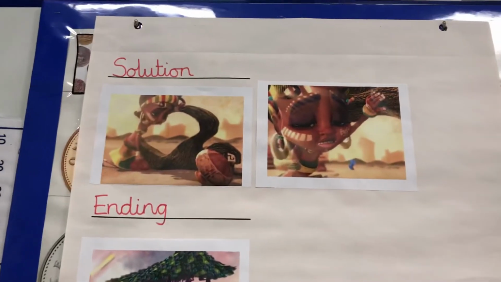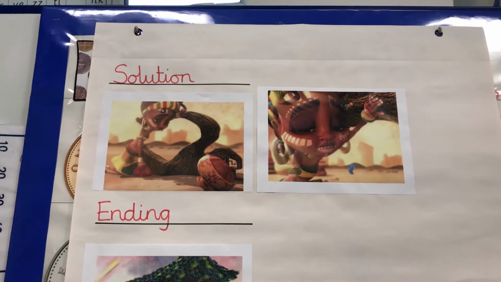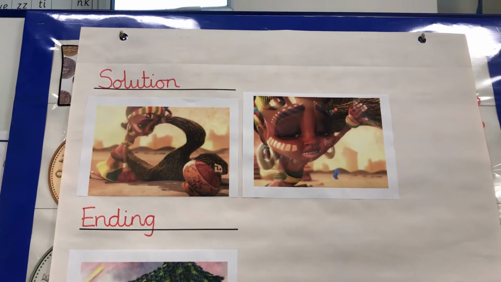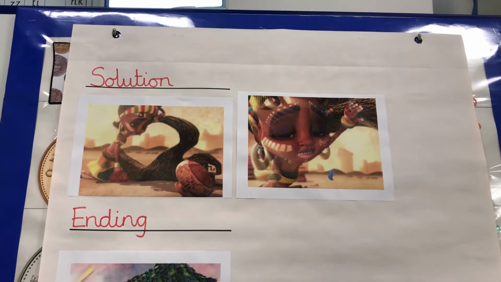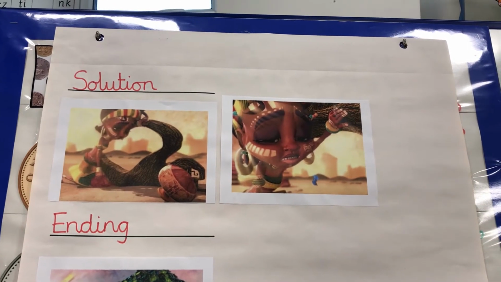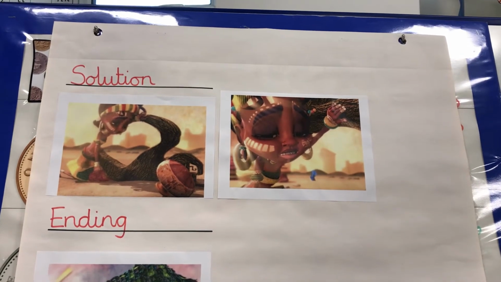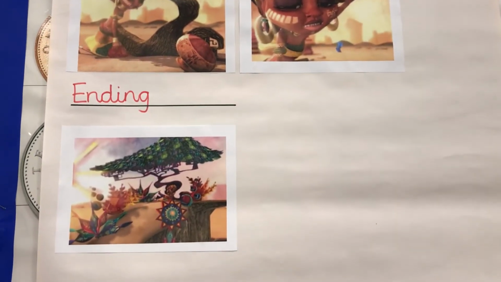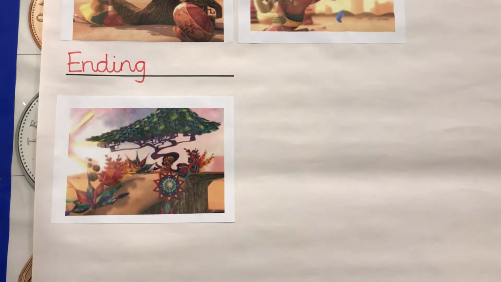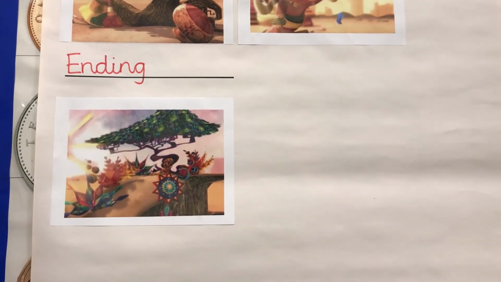We've then got a solution to the problem, which is actually an unusual one. So Zara faints, and as she faints, a single bead of sweat falls from her face down to the roots of the tree, and at the end there the tree springs into life and actually repays Zara for all her kindness by shading her from the sun.